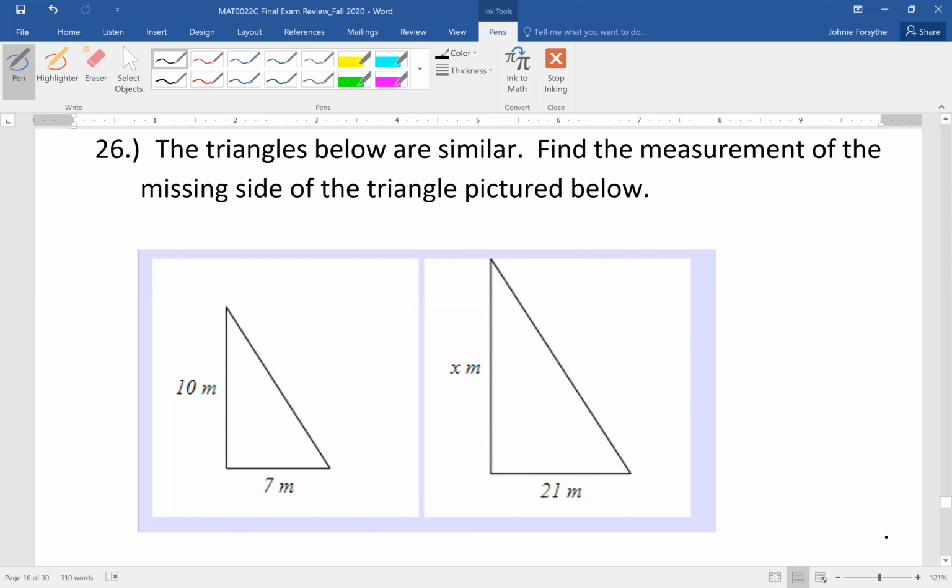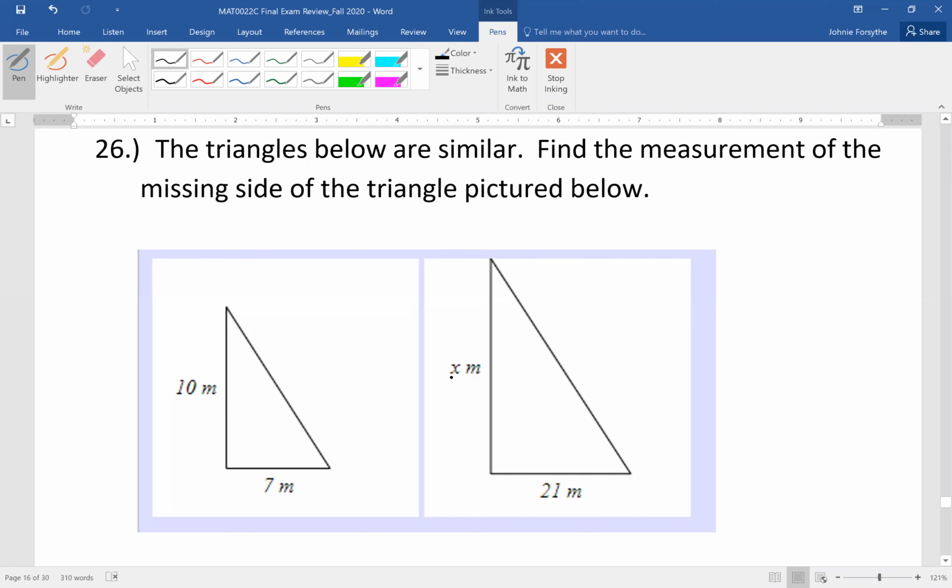So in this case, this side 10 m. Similar triangles have proportional and congruent sides. So 10 m is proportional to the x m. So what you can do is set up a ratio.